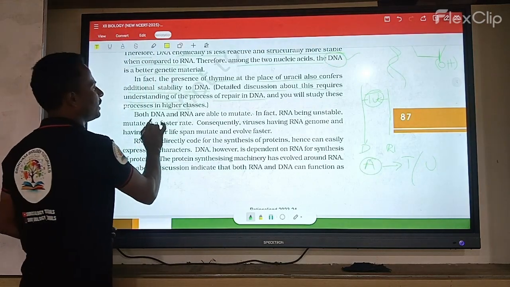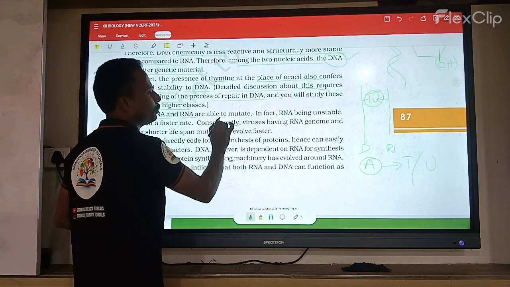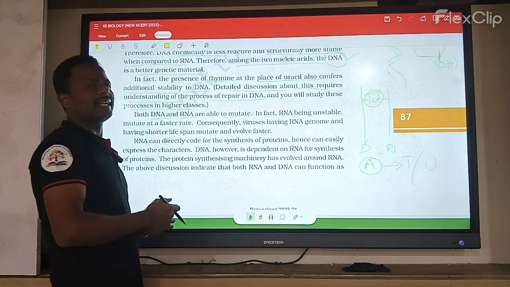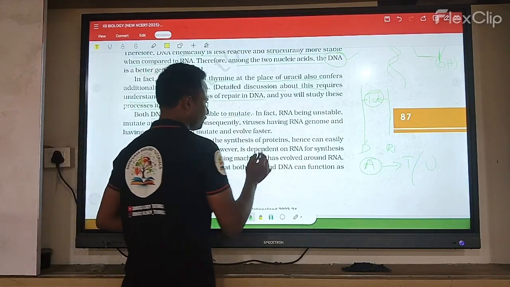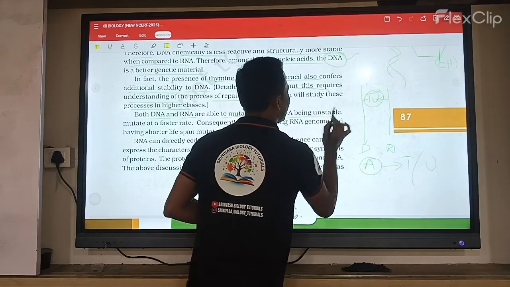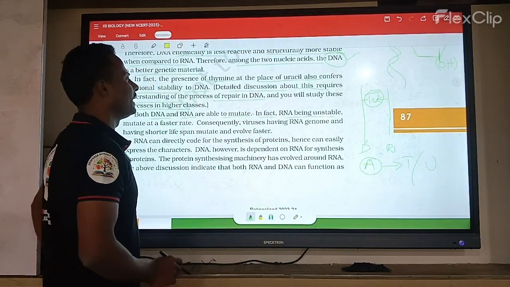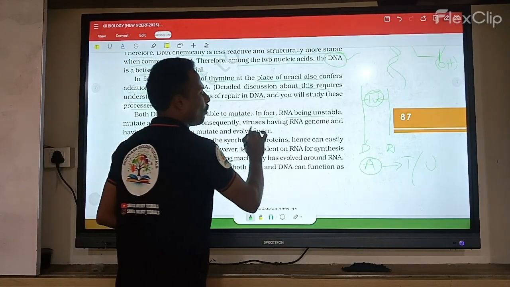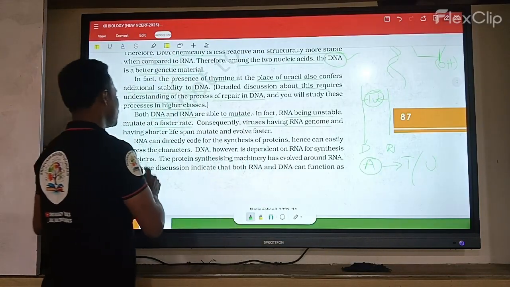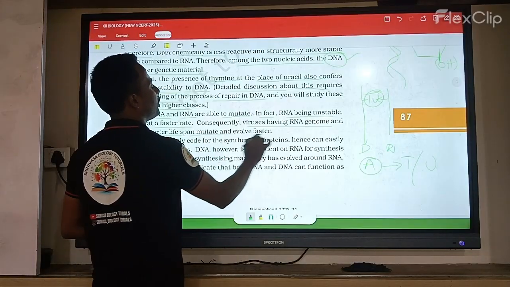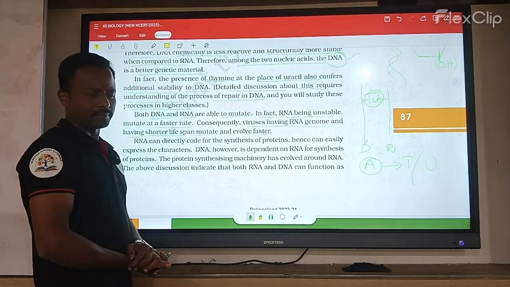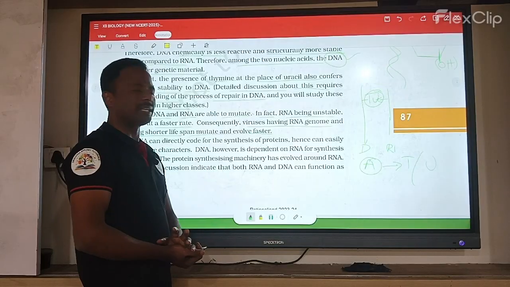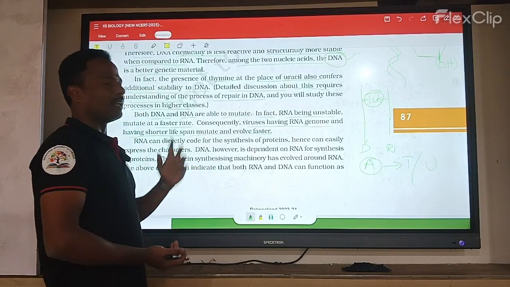Now, both DNA and RNA are able to mutate. They mutate easily, and in the case of RNA, they are unstable, so the mutation is very fast. Consequently, viruses having RNA genomes and a shorter lifespan mutate and evolve very fast. So RNA is the genetic material in most of the viruses.